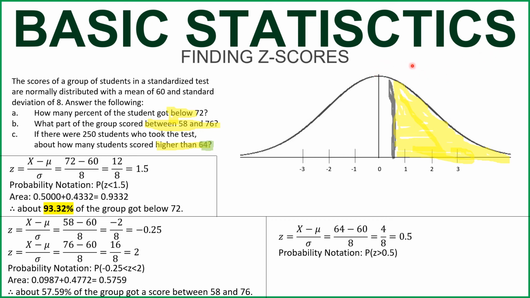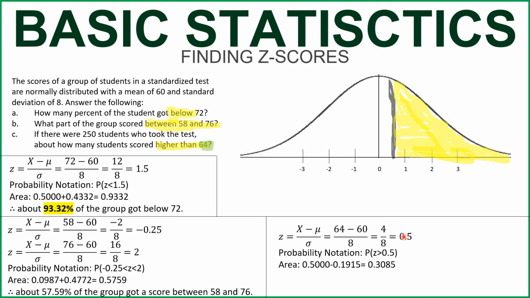Yung asymmetrical, yung kalahati niya is 0.5. Or yung symmetrical niya is 0.5. Kaso, hindi naman shaded to. So, yung operation natin is subtraction. So, we subtract 0.5 minus our z-score, which is 0.5.